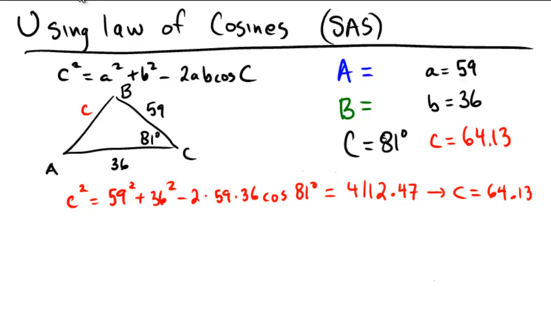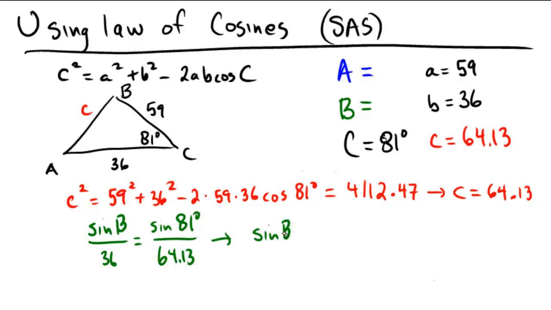So sine of B over side B, which is 36, is going to be equal to sine of C, which is 81 degrees, over side C, which we just found is 64.13. Therefore, sine of B is equal to 36 sine 81 over 64.13.